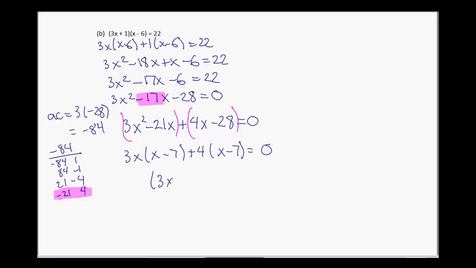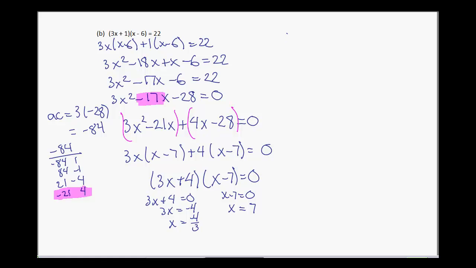So our factors will be 3x plus 4 and x minus 7 equaling 0. Separating those, we get 3x plus 4 equals 0, 3x equals negative 4, and x equals negative 4/3. And x minus 7 equals 0, giving us that x equals 7.